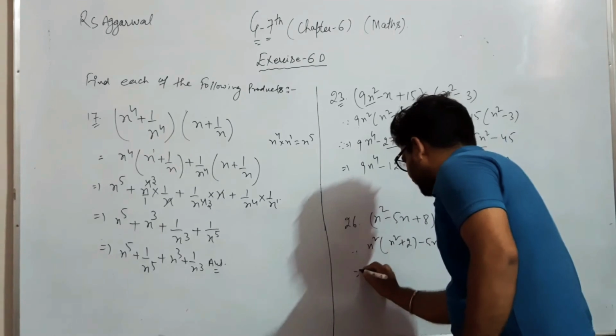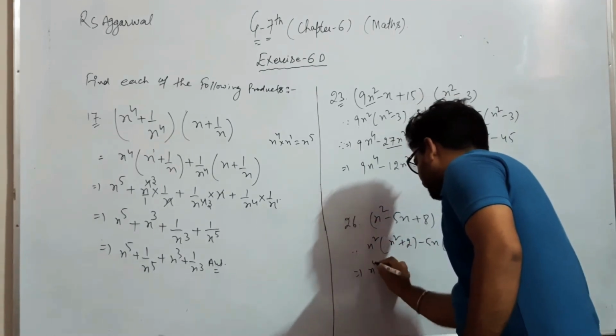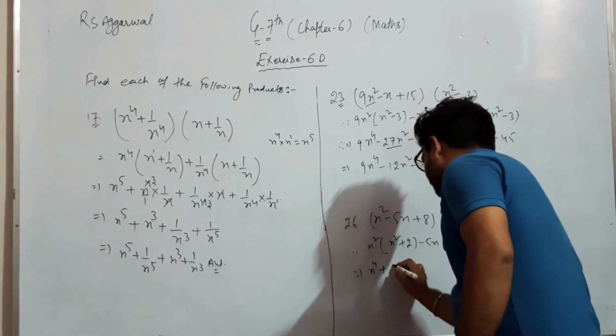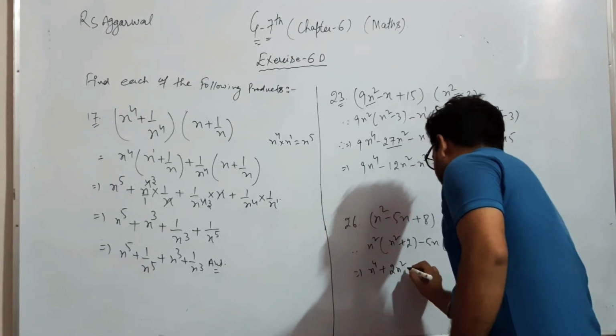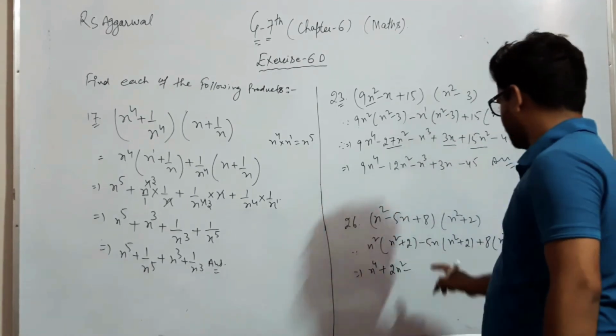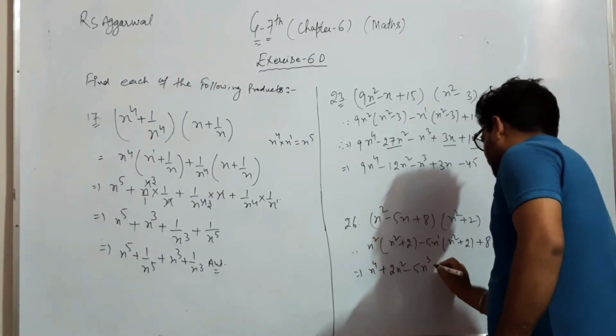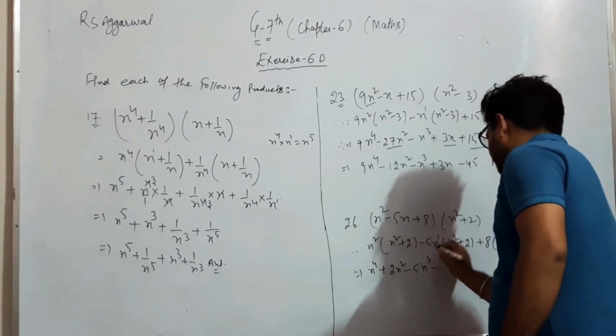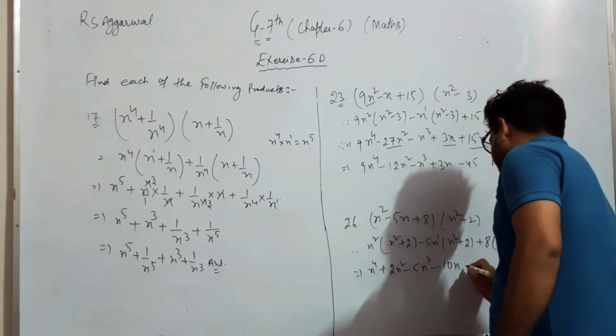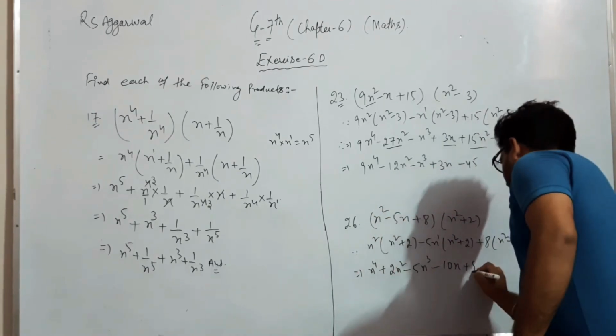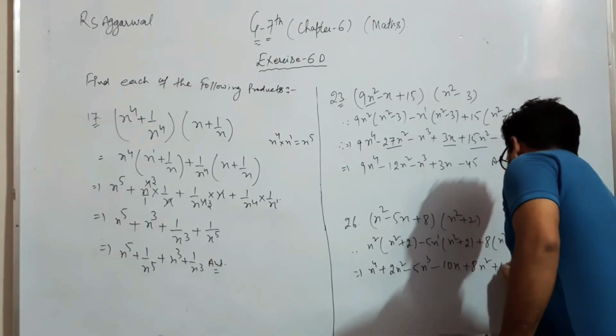So now we multiply x^2 with x^2, it is x raised to power 4, x^2 multiplied with 2 is 2x raised to power 2, then minus plus minus sign, 5 multiplied with x^2 is 5x^3, then minus plus minus minus, 5 times 2 is 10x, plus 8x raised to power 2 plus 8 times 2 is 16.